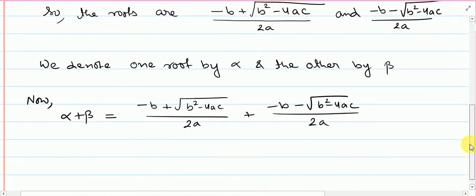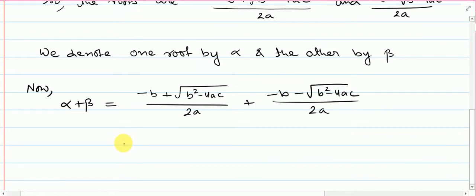Here both the terms have the same denominator, so the LCM will be 2a only. 2a. Now add the numerators. So what will happen? Your plus root b square minus 4ac and this minus root b square minus 4ac will get cancelled. So you are left with minus b minus b. So we don't have to write this big.